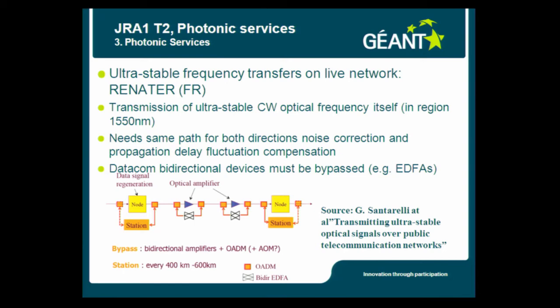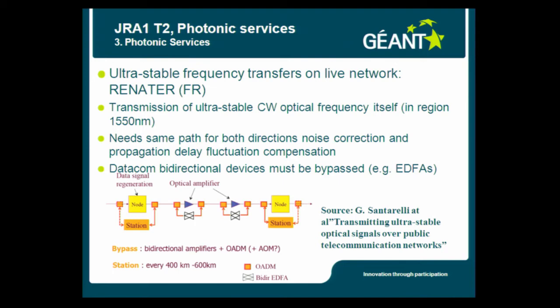It's what is really transmitted, or something which can be compared. So it's just CW, continuous wave. There is no modulation, so basically the bit rate is 0. They've got some special equipment because they really need the same path in both directions. So they are using something quite special, which is bidirectional EDFAs.